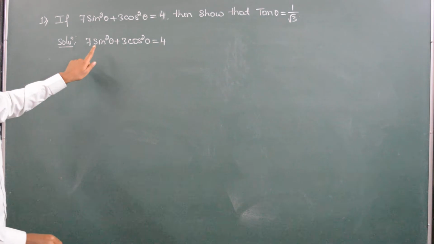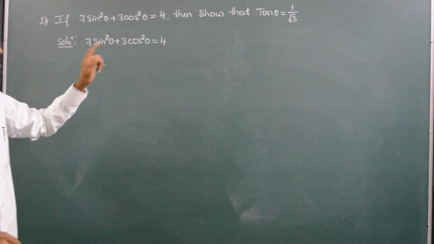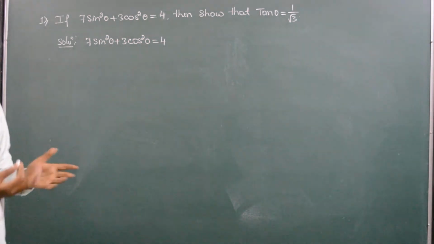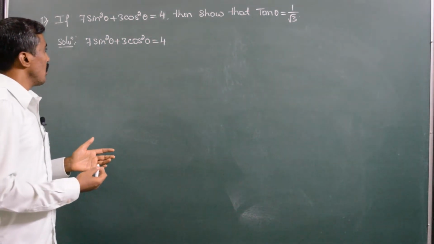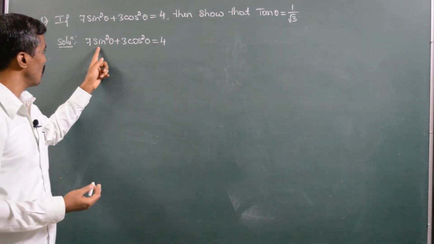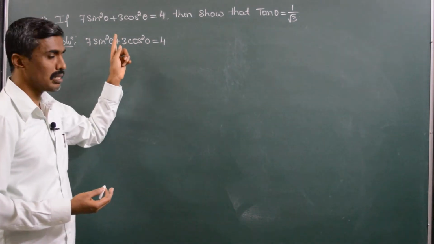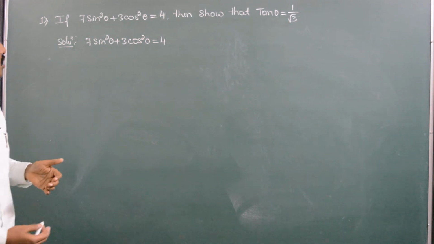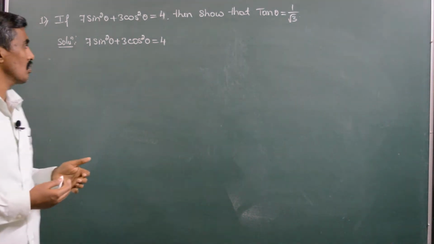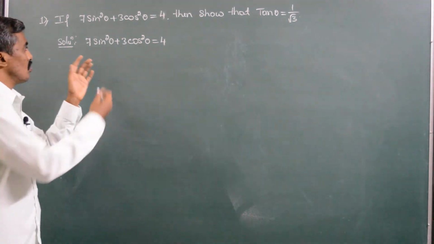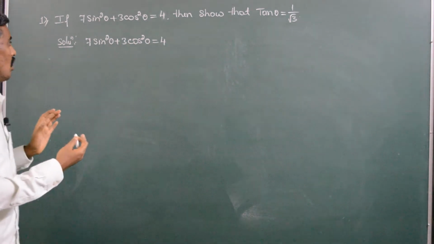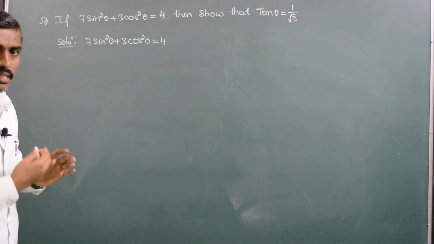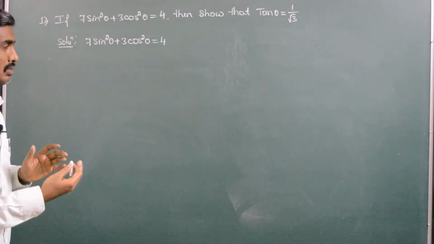Here we have sin and cos, so we cannot add them because they are unlike. If we had 7 sin square theta and 3 sin square theta, we could add them as 10 sin square theta. So I will split 7 sin square theta as 3 sin square theta plus 4 sin square theta.